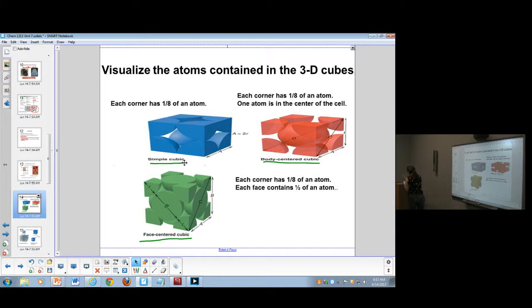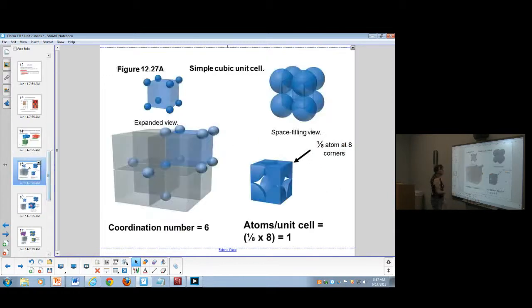I guess we'll just do that right now, actually. Let's look at the simple cube. Okay, so the simple cube has an atom at every one of the points on this, and there's one right there. So it has an atom at every lattice point.